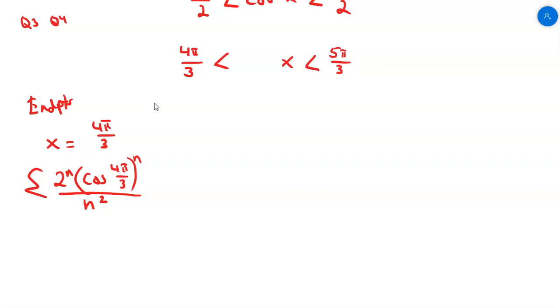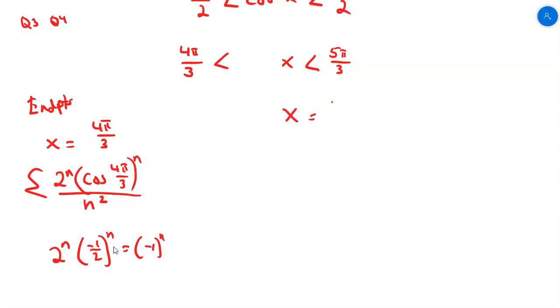Well, we already figured out that this thing here, cosine of 4 pi over 3, is negative 1/2. So I end up with a 2 to the n times negative 1/2 to the n. Well, isn't that just negative 1 to the n? That's my numerator.